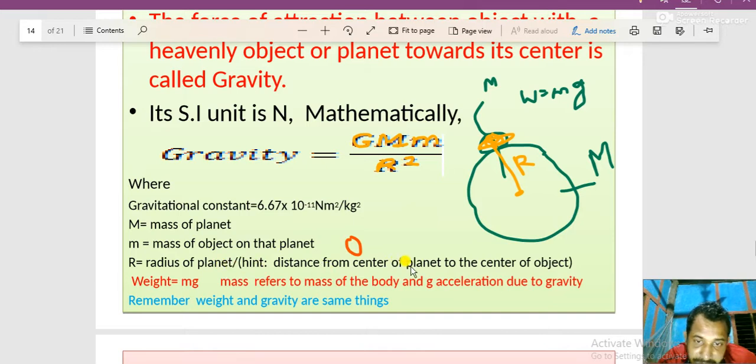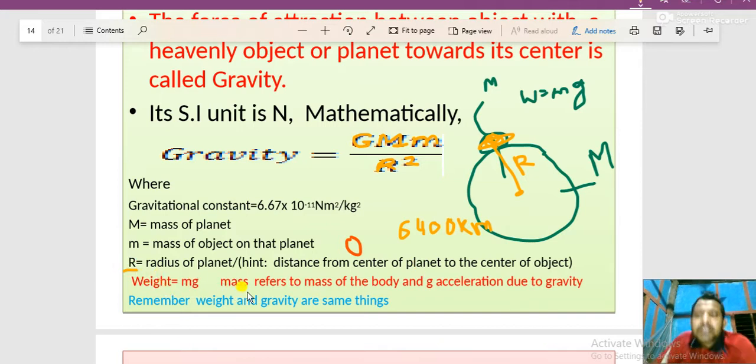The distance from the center of the planet to the center of the object should be taken here, but the object is very small, maybe 1 or 2 centimeters, and the radius of the earth is 6400 kilometers. So that distance might be neglected, so we just take r, and weight equals mg.